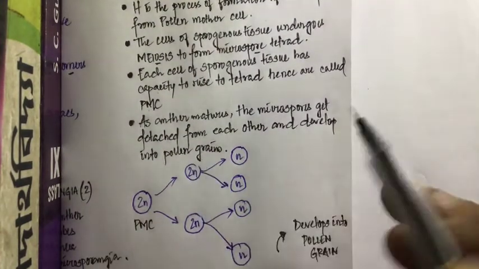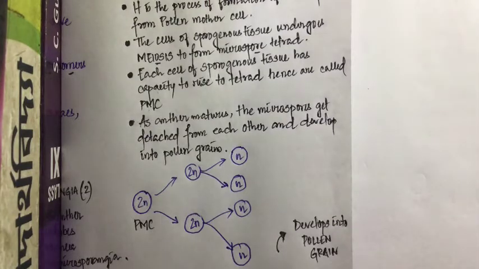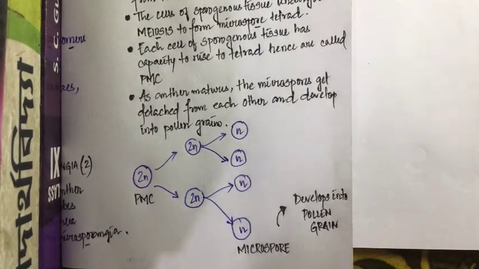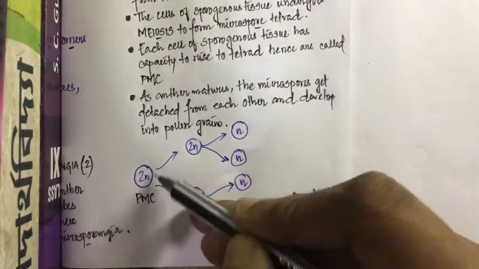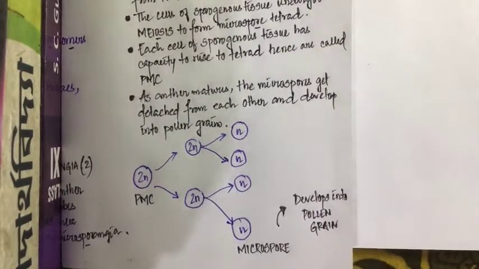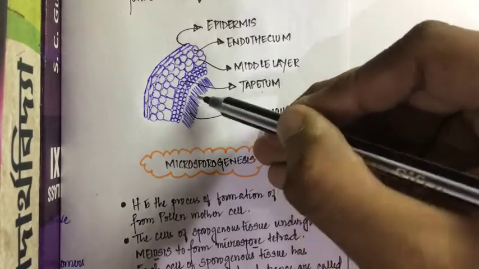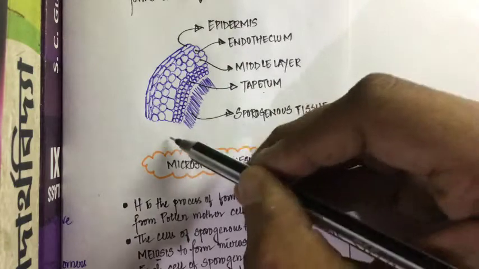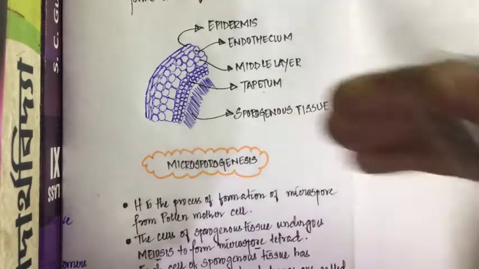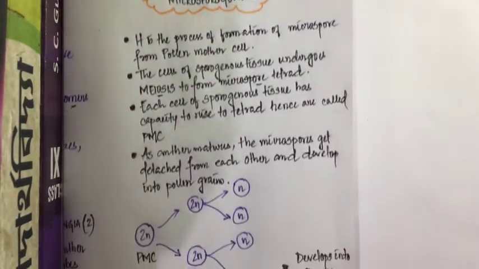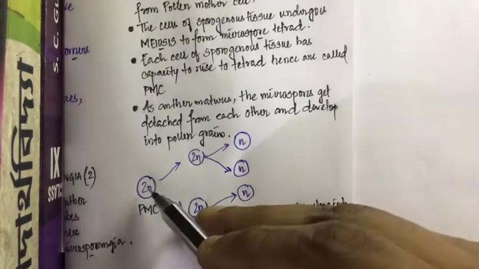As the anther matures, these microspores get detached from each other and develop into a pollen grain. Try to understand. This is a pollen mother cell. This cell came from where? This cell came from this sporogenous tissue. So a sporogenous tissue is made up of numerous cells. Out of those numerous cells, we are seeing only one single cell right now. So this is our pollen mother cell.